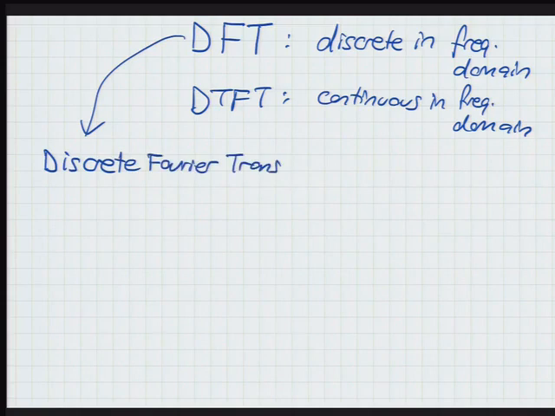It is applicable to finite duration signals. So we have x of n. It's a sequence, basically. I give you a sequence of numbers. I can ask you about the DFT of that. I don't have to tell you it's time domain. I can give you just a few numbers, ask you what is the DFT of this, right?